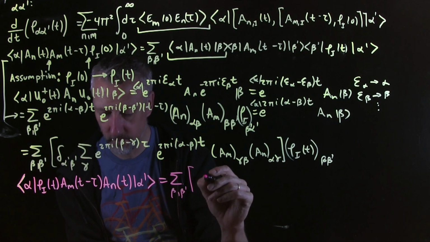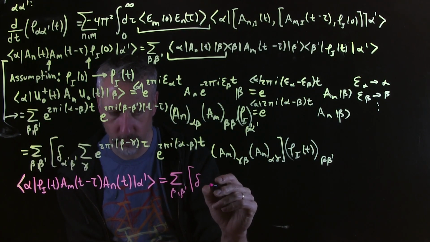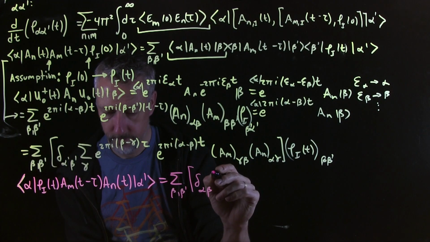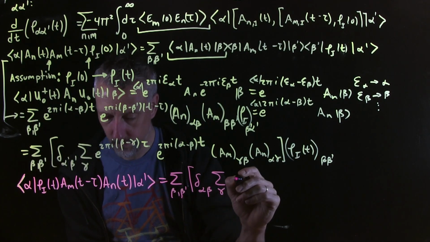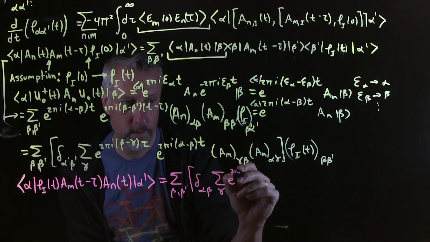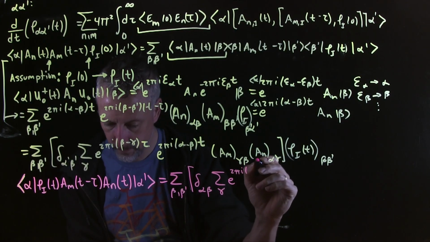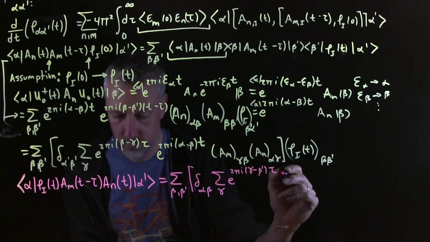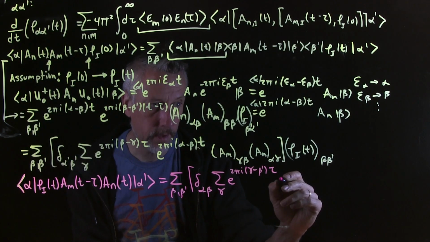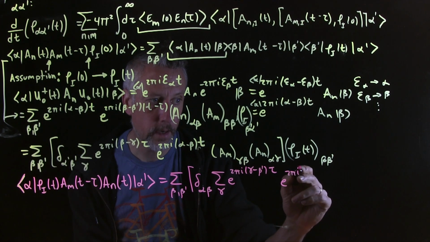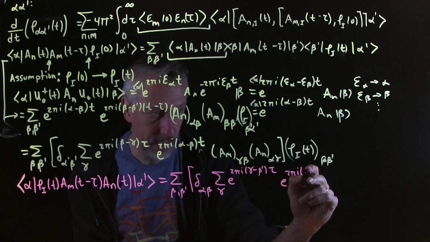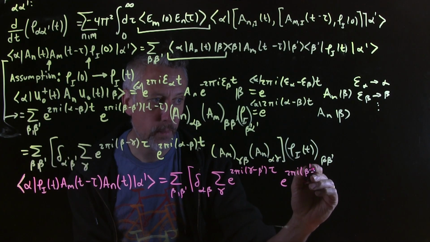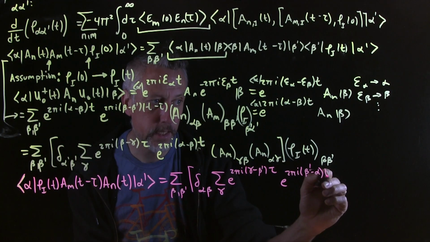Noticing that there's a delta term, which is killing off the terms where alpha is not equal to beta. So we have gamma minus beta primed tau, and the t one is 2 pi i (beta prime minus, oops, it's not beta primed, beta prime minus alpha) t.